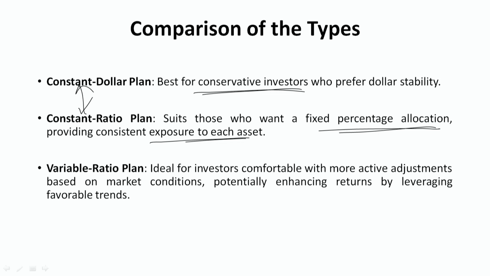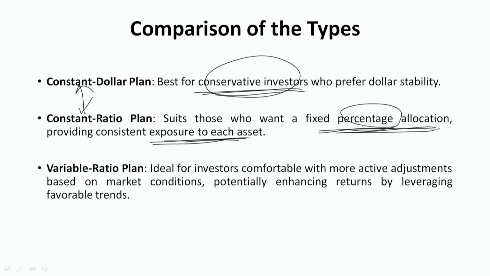So I can put these two things together where it is for conservative investors and the allocation proportion is again fixed, and it will change only depending upon the change in the prices of the asset. The percentage is not going to change, only the volume is going to change, right? The value is going to remain the same.